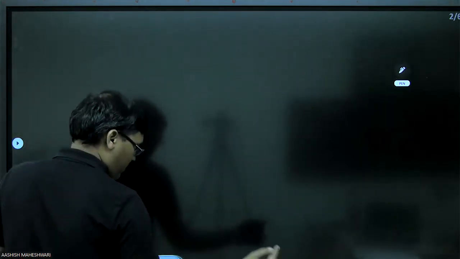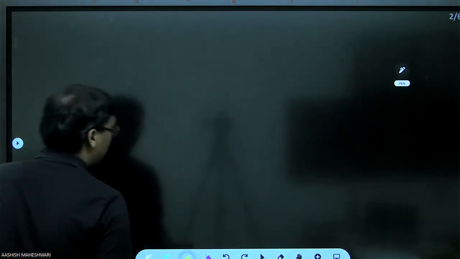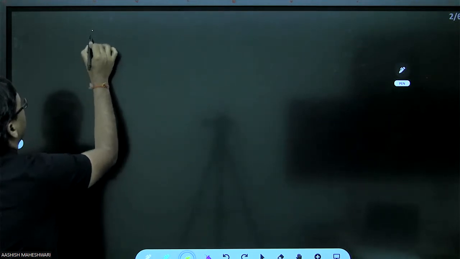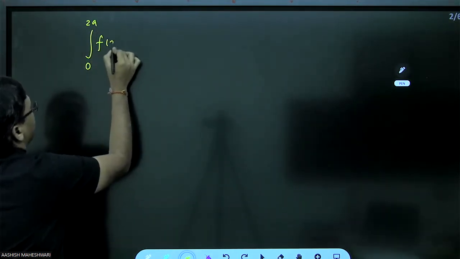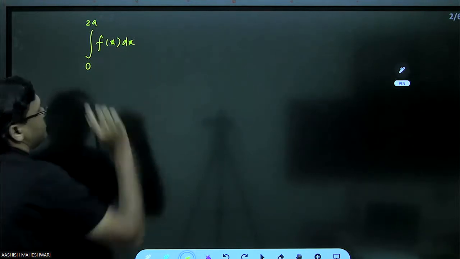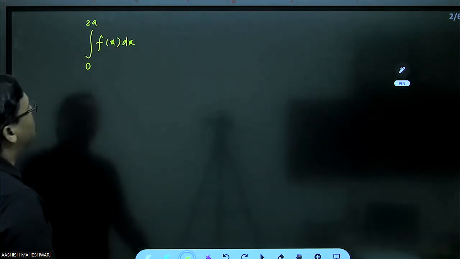First let's understand the property. I hope you have already seen this property, but I'm just quickly revising it. Let's say you have the integral from 0 to 2a of f(x) dx.